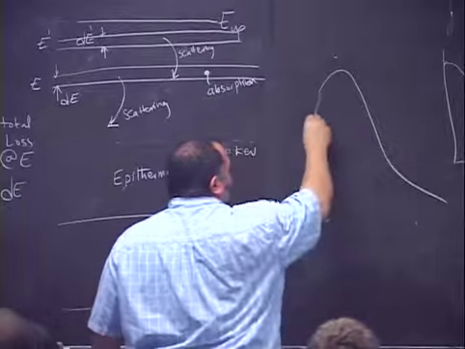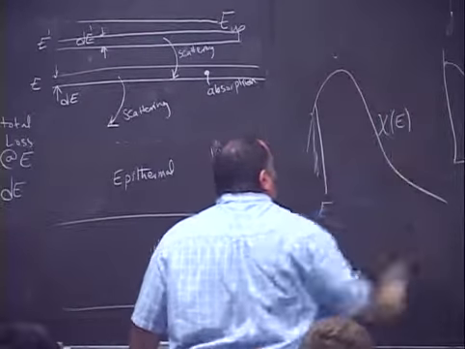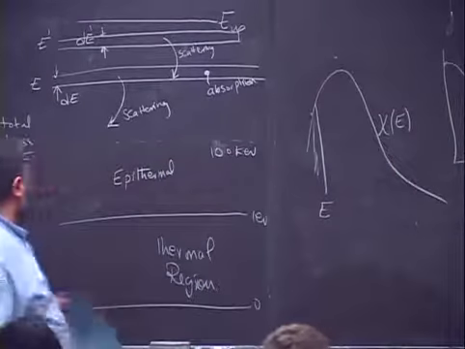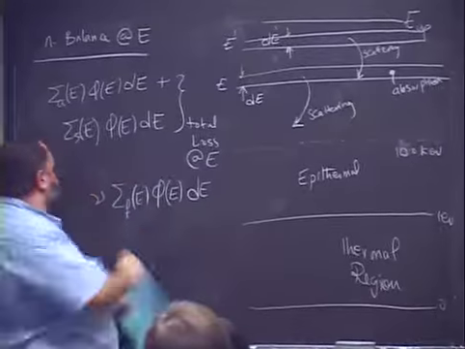So all what I will do is what? This is chi of what? Chi of E. So I will multiply this by what? By chi of E. Yes? This will give me what?